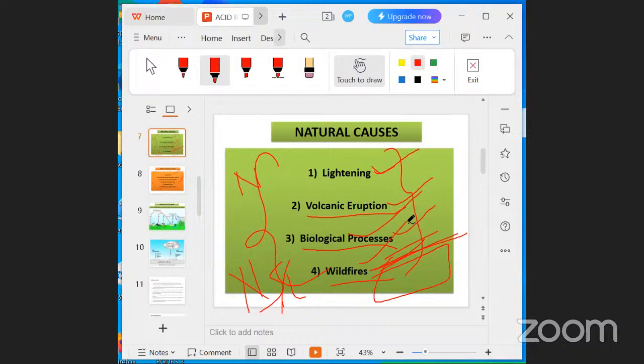So decaying vegetation, wildfires and biological processes within the environment also generate acid rain forming gases. Dimethyl sulfide is a typical example. This dimethyl sulfide is a major biological contributor of sulfur-containing elements into the atmosphere, right?